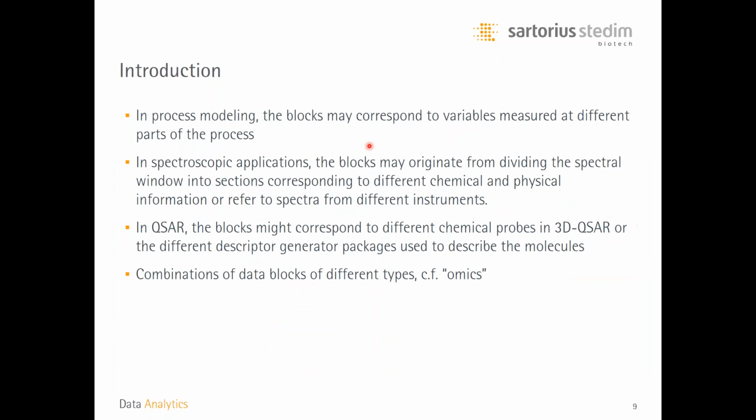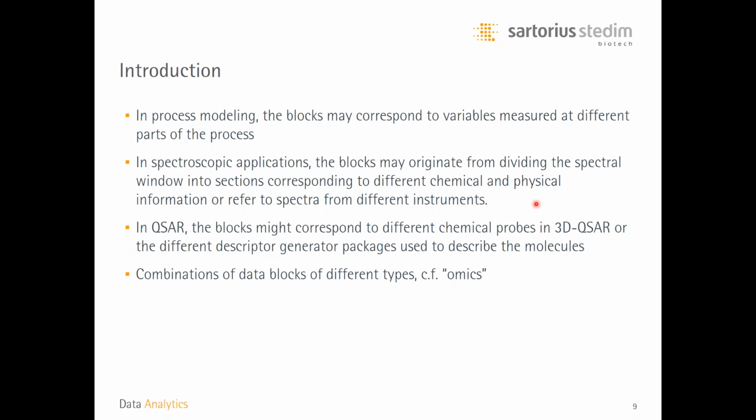Continuing now on the introduction and looking into different applications where hierarchical modeling can be of relevance or even recommended are the following. First of all, we have process modeling, both continuous processes and batch processes, and primarily batch processes, then on what we call the upper level, the batch level, where blocks may correspond to variables measured at different parts of the process.